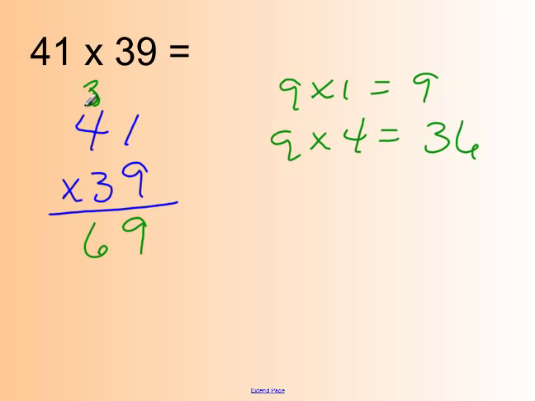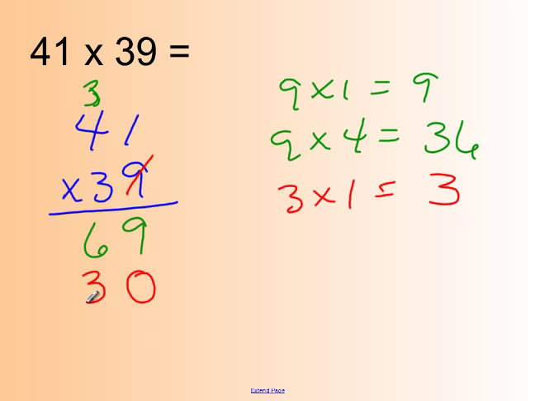Okay, now changing colors so we can see what we're doing next. Now we're doing 41 times 30. Well, to show it's 30, we're going to get rid of that 9, and in its place down here we're going to put a 0. Okay, it's going to hold the place. So now we're going to do 3 times 1 is equal to 3.